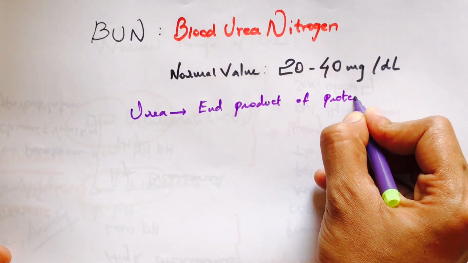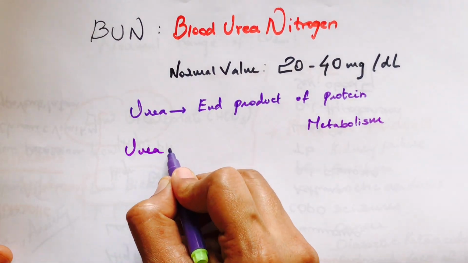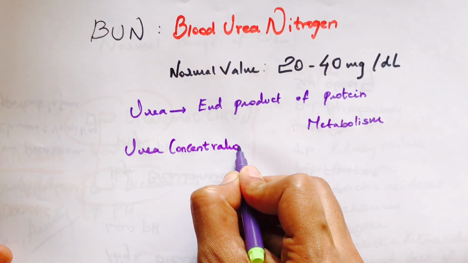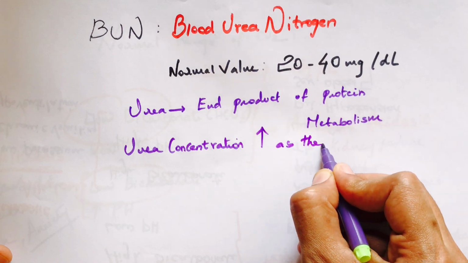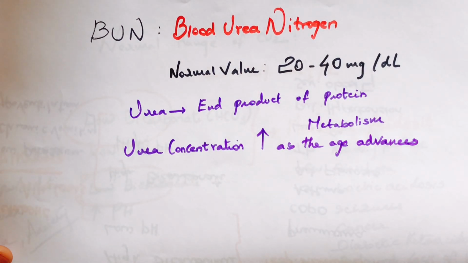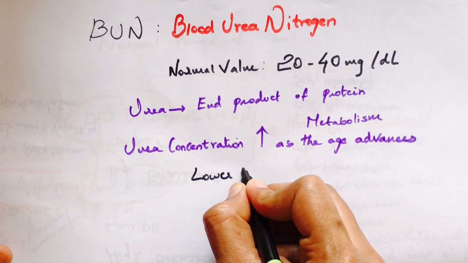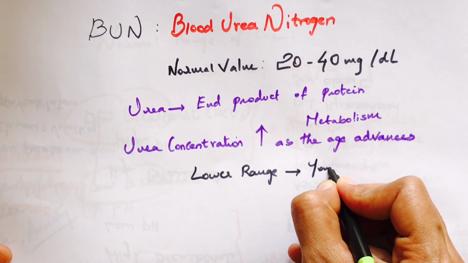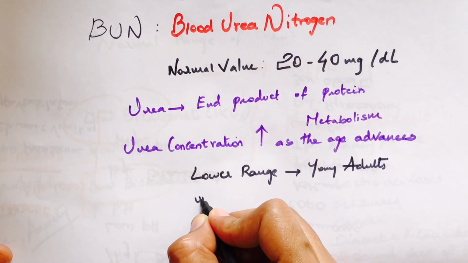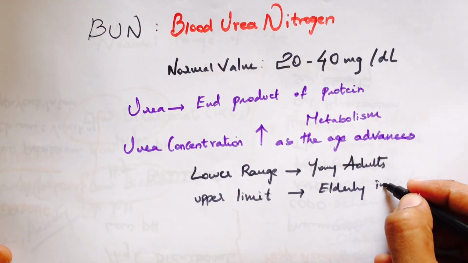You should know urea is the end product of protein metabolism. The urea concentration increases as the age advances. So in younger individuals, the urea concentration would be at the lower limit, and at the upper range in older patients.